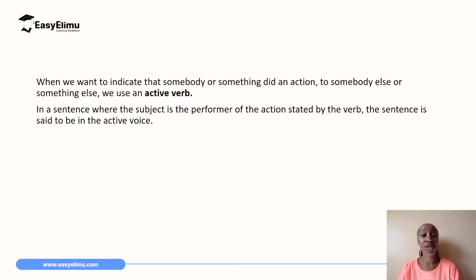In a sentence where the subject has performed an action to the object, we say that that sentence is in the active voice. Before we proceed, let us define what is a subject, what is an action, what is an object, and then we can proceed to the active voice.